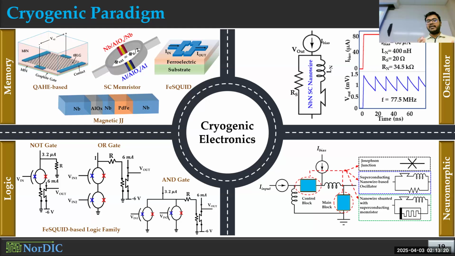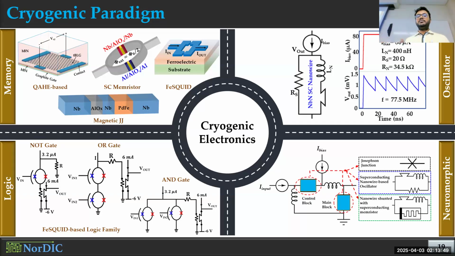Neuromorphic, again, I think all of these are familiar, but neuromorphic might be a new term for some students. Neuromorphic is to mimic the behavior of the human brain, how we compute in our brain, how we learn things. We want to mimic that in circuits and in our electronics, in hardware. That's neuromorphic computing. And people are also exploring it for cryogenic neuromorphic computing, because one of the major motivations for neuromorphic computing is to achieve the energy efficiency of the human brain.